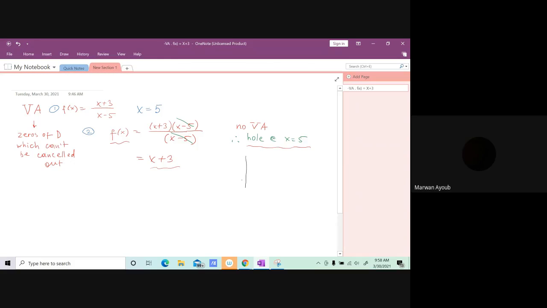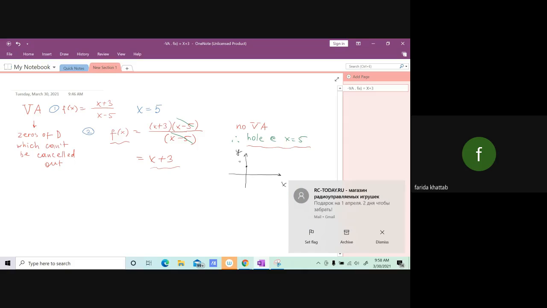Anybody? It's going to be a line that intercepts the y-axis at 3, and it increases, and there's a hole. Where? At 3, right? Yes. 3, okay. And it increases, and there's going to be a hole at 5.